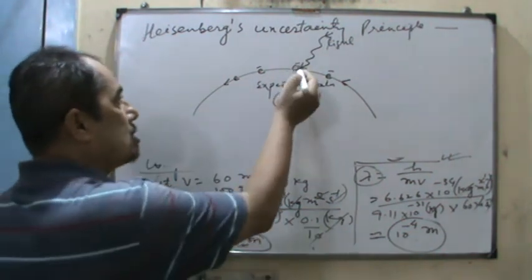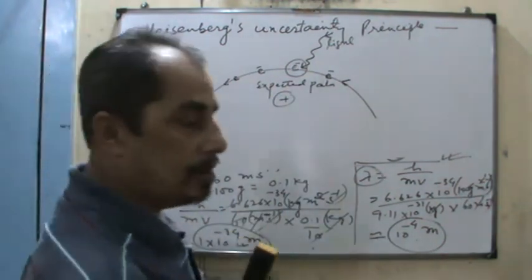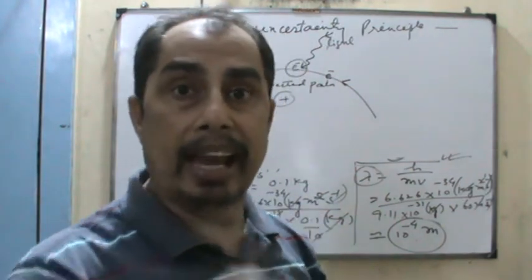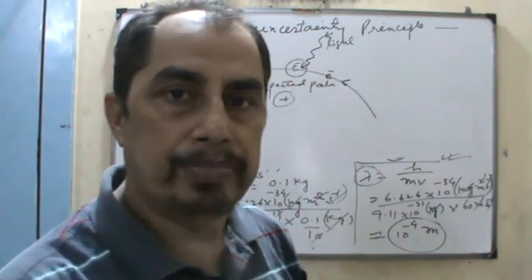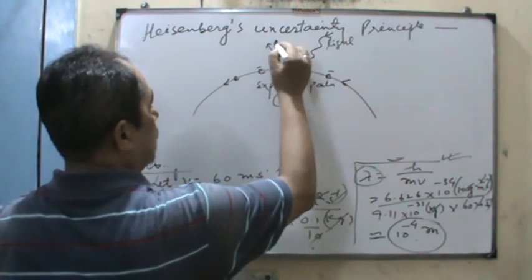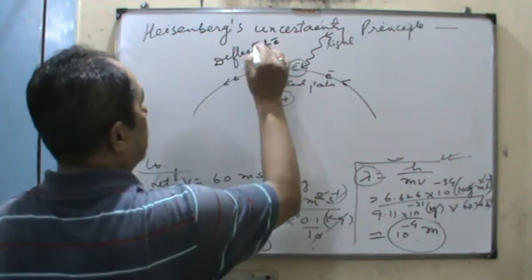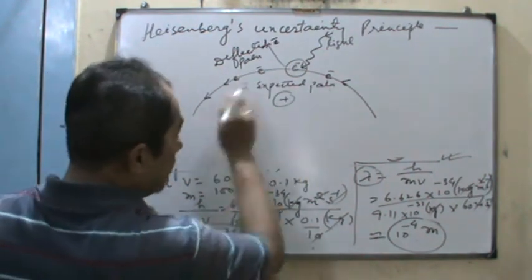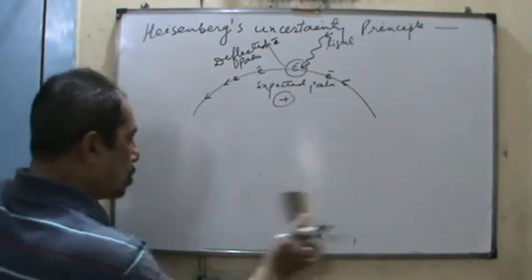When the light strikes the path of the electron, that electron is such a light particle, having mass 1/1837 parts by mass of hydrogen, and light consists of energy. Once the light strikes the body of the very small particle, then this is the deflected path of the electron. So see here, it is a deflected path and it is the expected path like this. So I have explained the trajectory motion of the electron.